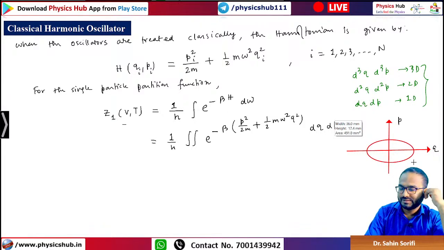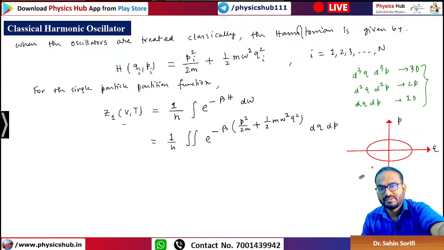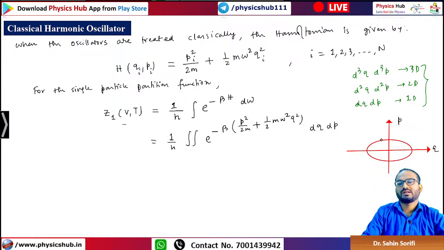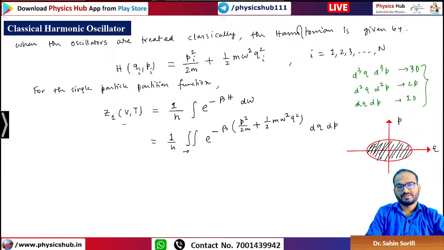It is like this. For a particular value of energy, you get an ellipse in the phase space, in p and q. This is valid for a particular energy. Now if you are considering the classical harmonic oscillator, the energy can vary between 0 to infinity, any value. As a result, this ellipse will keep on growing. The more the area of the ellipse, the more energy you can consider. So here q and p can vary from minus infinity to plus infinity.